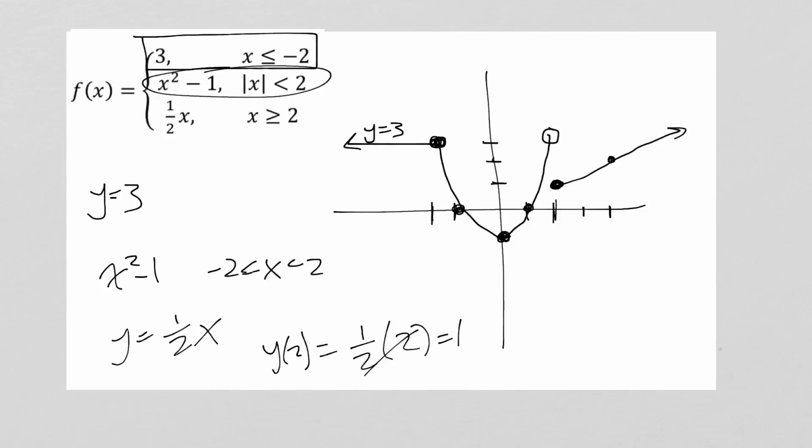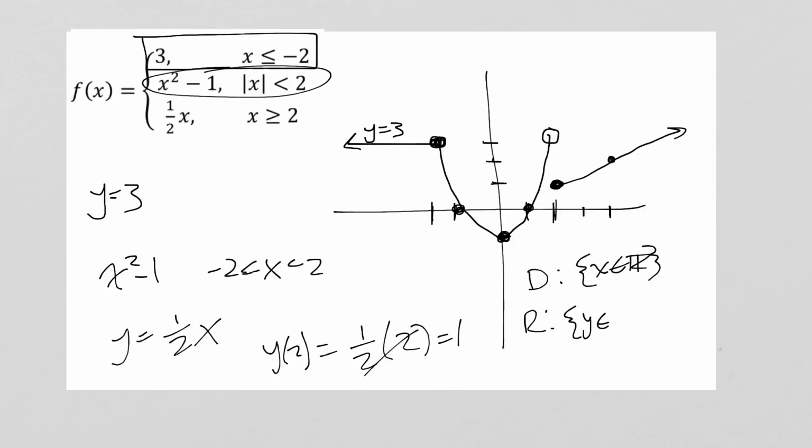I don't remember if it said state the domain and range. Domain is going to be all real numbers for my x values, because notice that every x value is hit. Even right there, we do hit that x value just once. This is a function. Range, notice I have a low point right there.